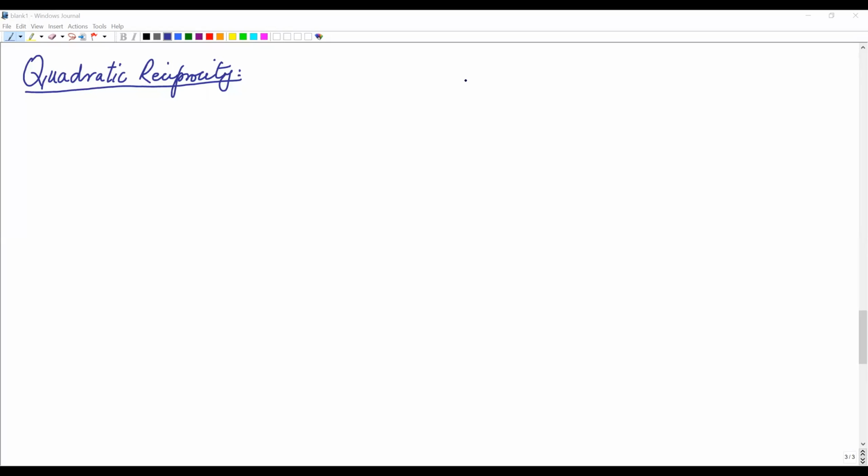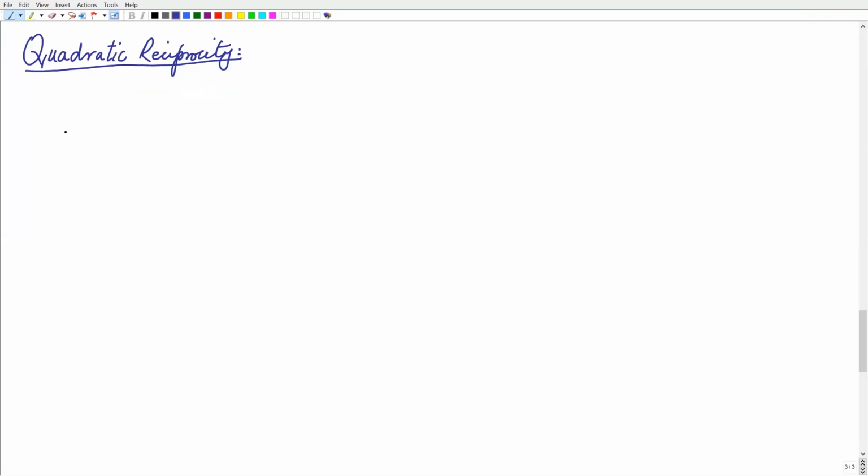Quadratic reciprocity. Before going to the law of quadratic reciprocity, let me introduce a lemma.